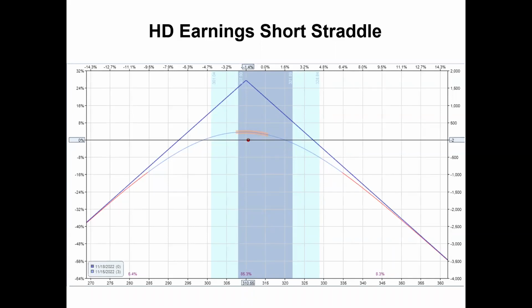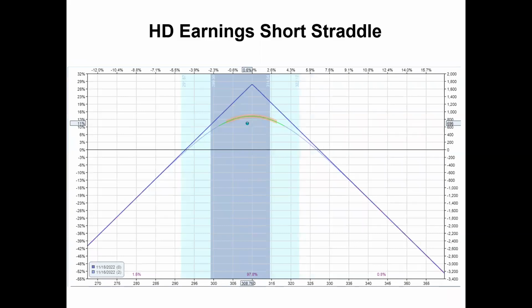So we can see here, stock was trading at about 310.55. We've set up a short straddle here with 3 days to expiry, centered at the 310 strike. And the next day after the earnings announcement, the stock's trading around 308.75, and the trade's made a nice profit of close to $700.